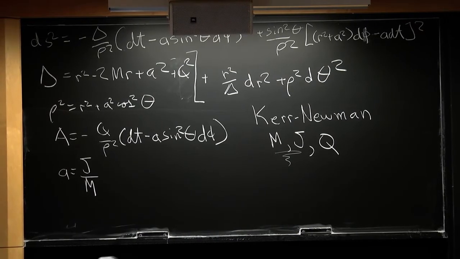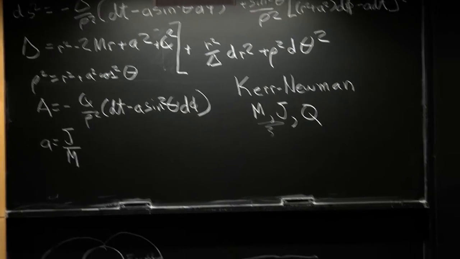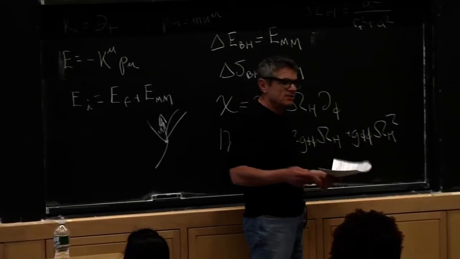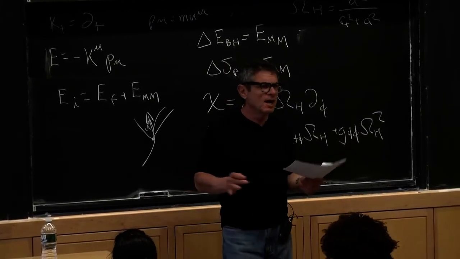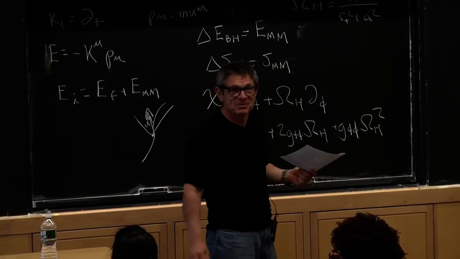So those are not independent parameters, but for some problems it becomes easier to write it in terms of A and r plus. Sometimes it's easier to write it in terms of J and M. So you just have to get used to going back and forth between these different things.